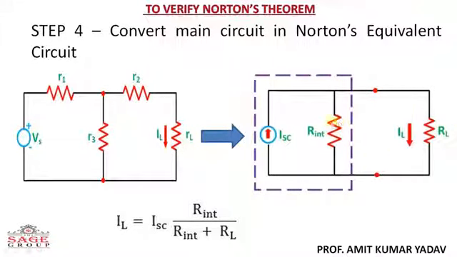So this is the equivalent circuit diagram of the Norton equivalent circuit, and from here we can say that the load current equals ISC times RINT upon RINT plus RL. So this is the final statement for the load current.